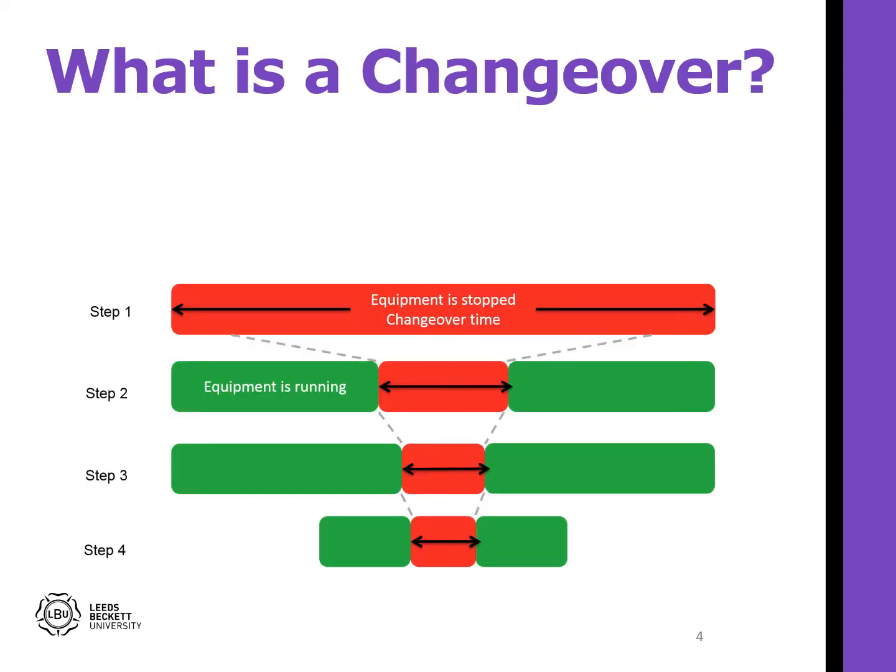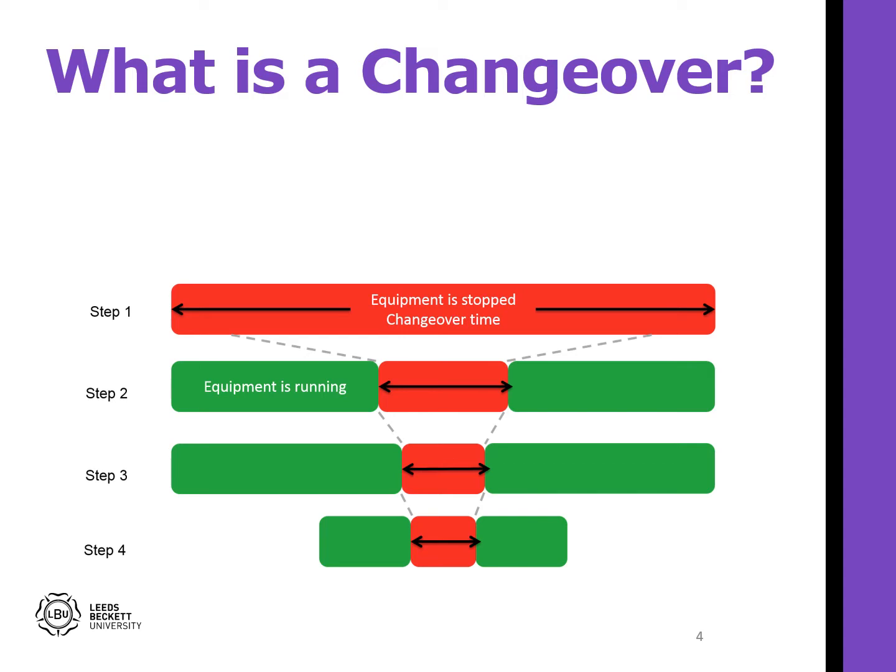So what do we mean by changeover? Remember, muda, waste. When we're changing over, that red is waste. We're not making profit, so we want to reduce that as much as possible. The equipment is running, which is green, then stops, and then the next product B is produced.